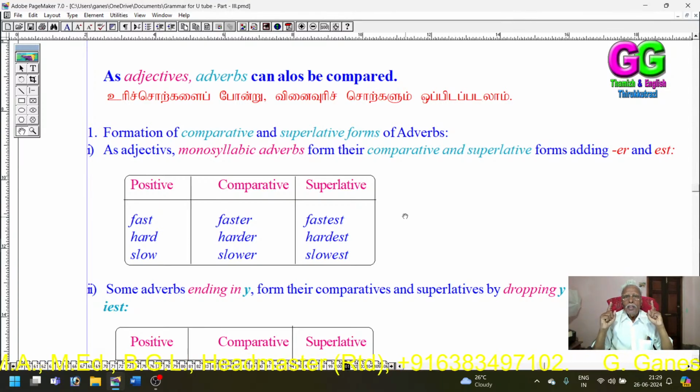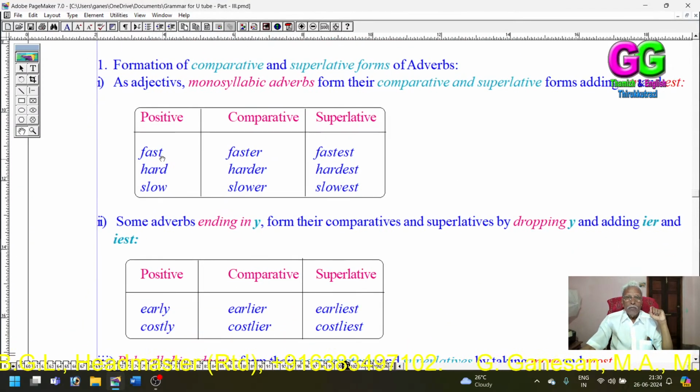Monosyllabic adverbs form their comparative and superlative forms by taking er and est, as in the case of adjectives. You see, fast, faster, fastest, hard, harder, hardest, slow, slower, slowest.